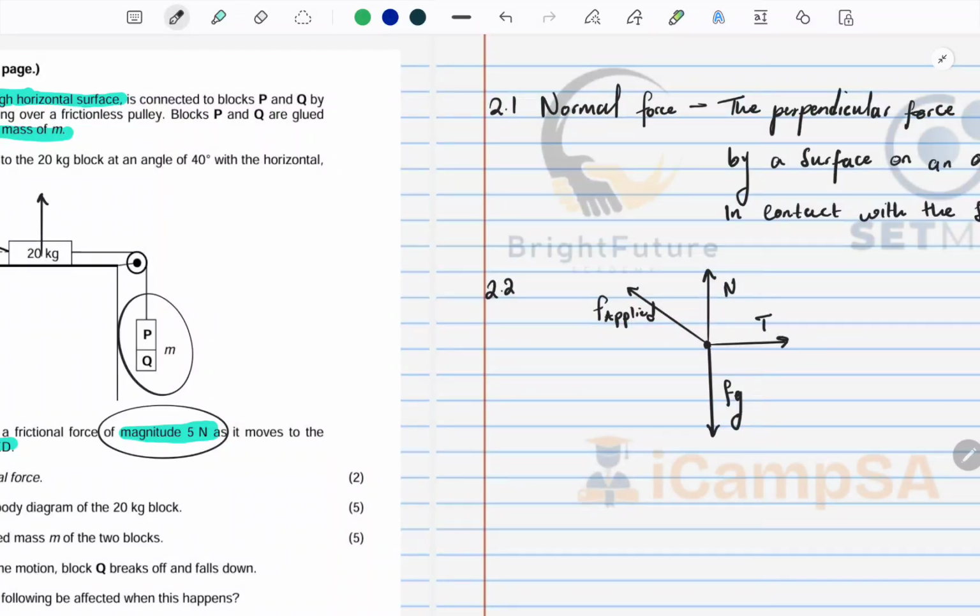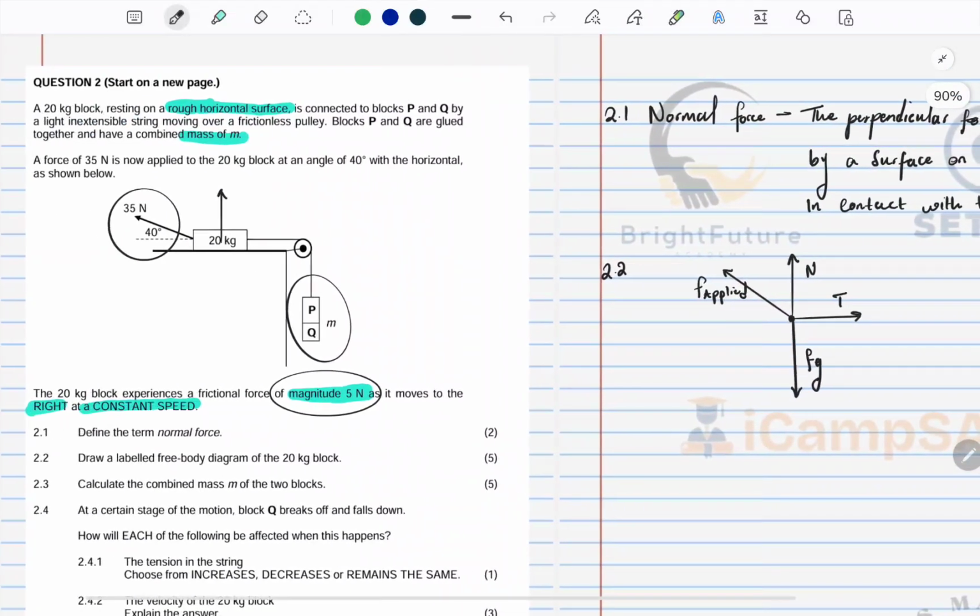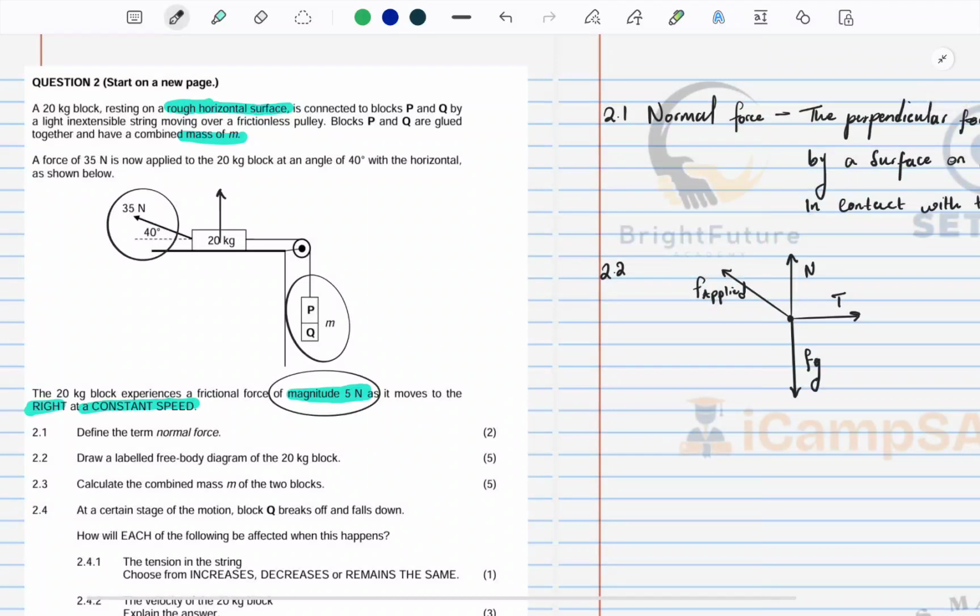Now what you need to note is your frictional force. Frictional force will always oppose the motion of the box. We've got the box moving to the right, so the frictional force is going to go in the opposite direction, which is the left.